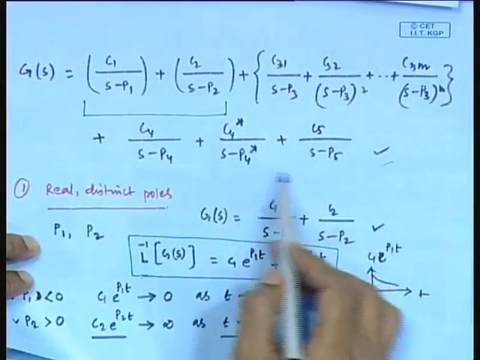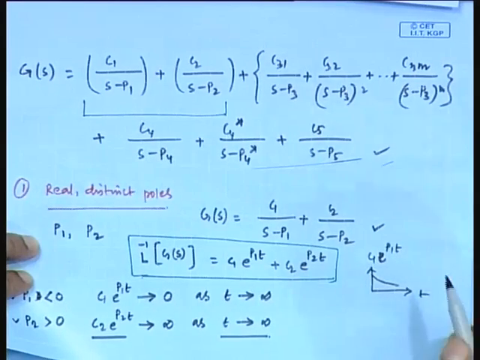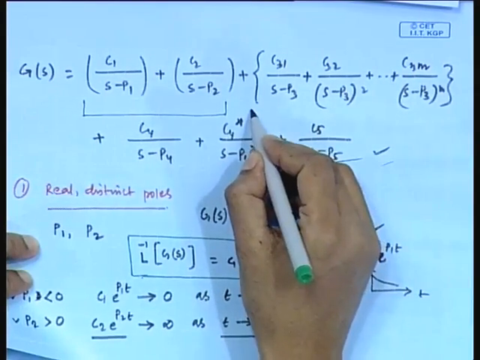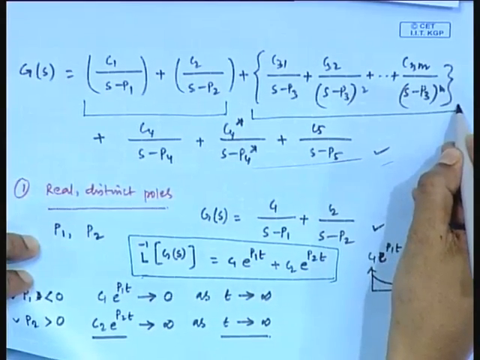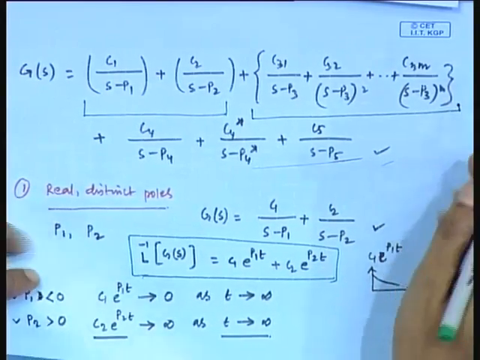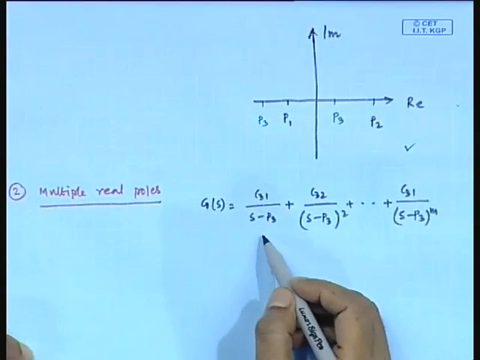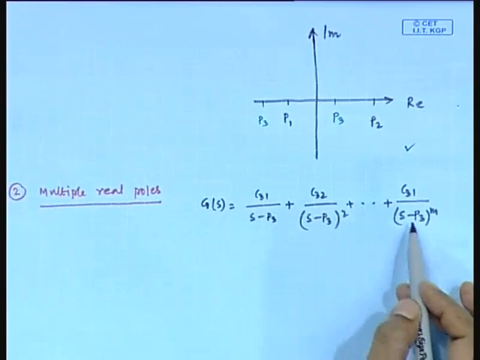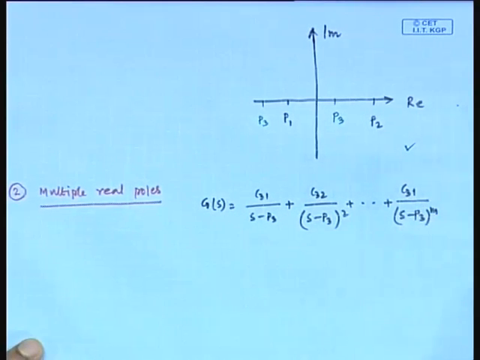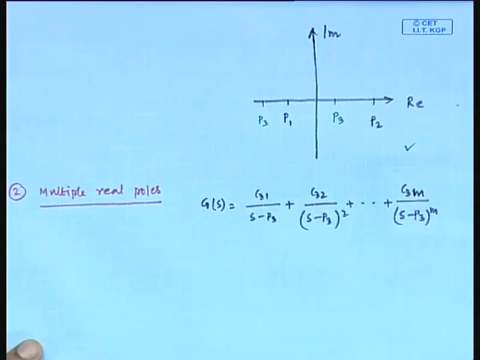This is the general expression of the transfer function. Now, to consider the multiple real roots, we are considering this part as the transfer function that I have written there. So, G(s) = C31/(s - P3) + C32/(s - P3)^2, like this way, up to C3m divided by (s - P3) to the power m.